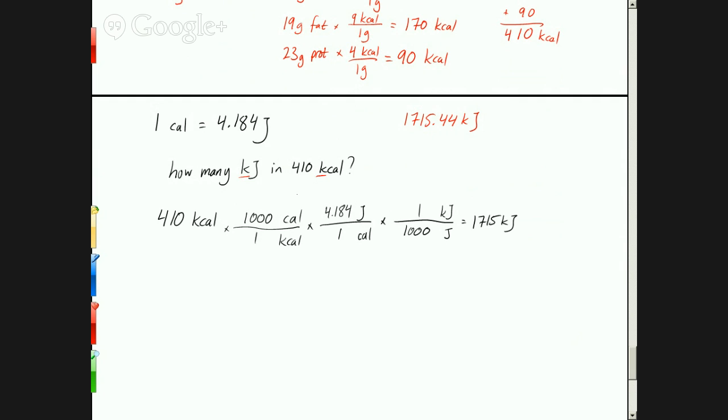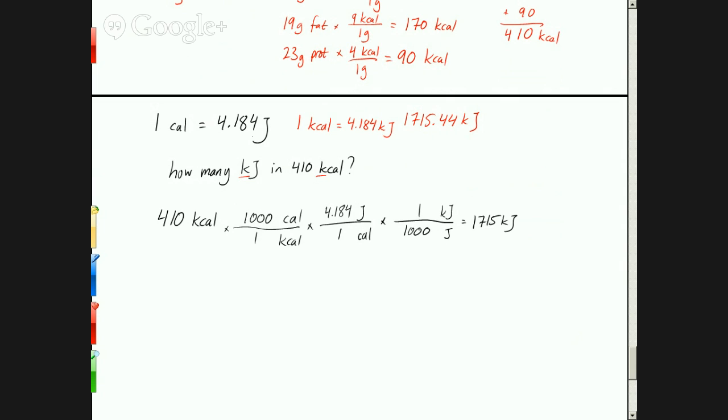So it's a shortcut to just use this conversion, to say that 1 cal equals 4.184 joules is the same as saying that 1 kilocalorie is 4.184 kilojoules. You can always put the same prefix on both sides if that helps you in a problem. Now, if you don't want to mess with that, you can just do it this way.